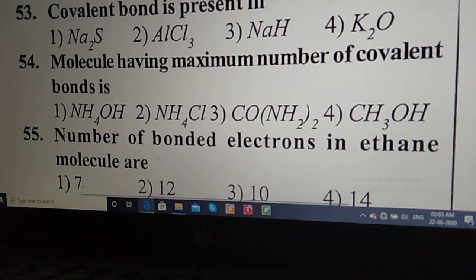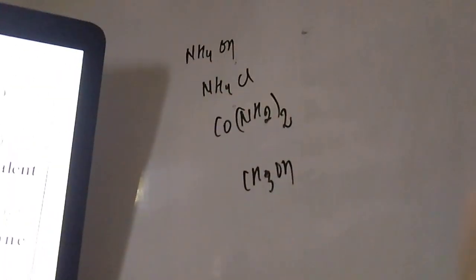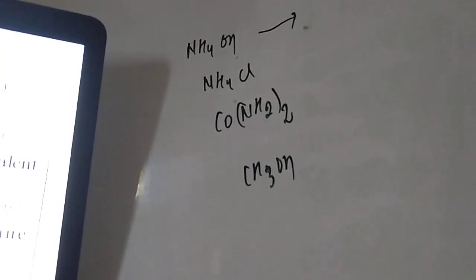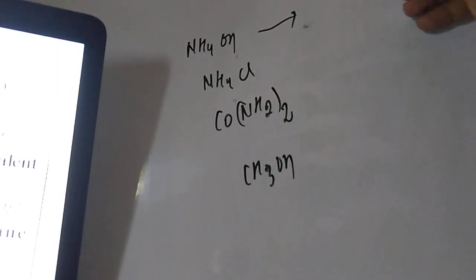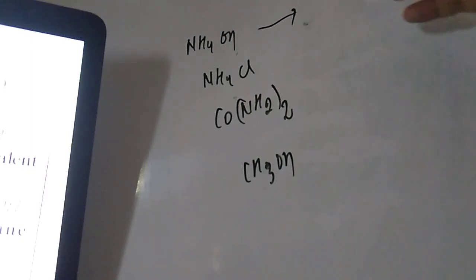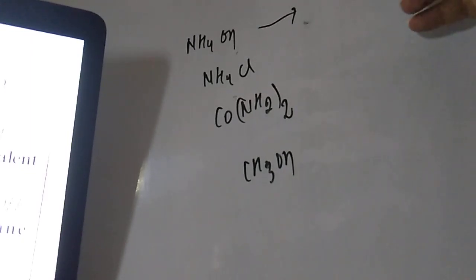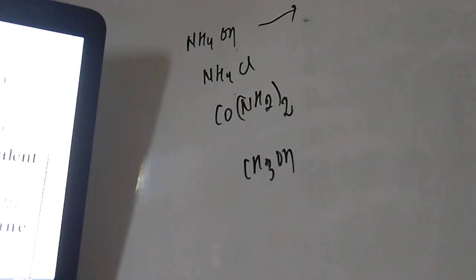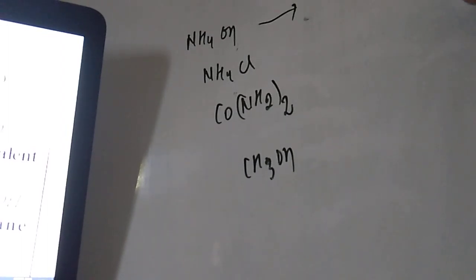For question 54, let us see on the board. If you talk about NH4OH, how many bonds are there? This gives NH4+ and OH minus.